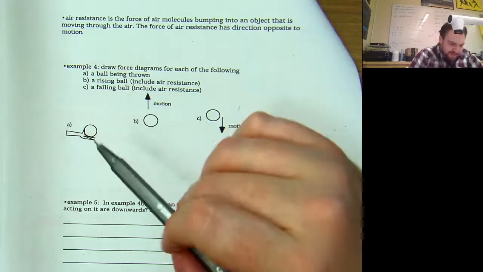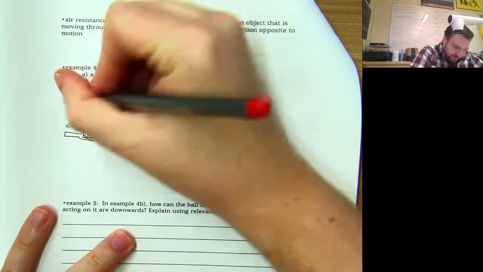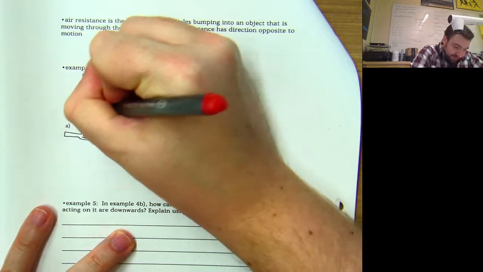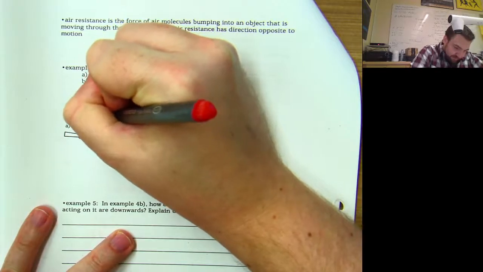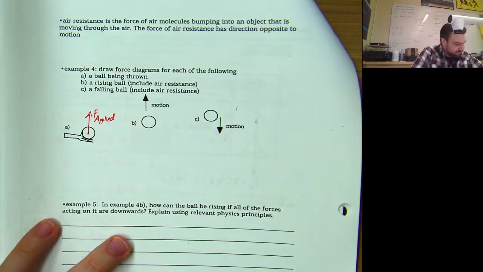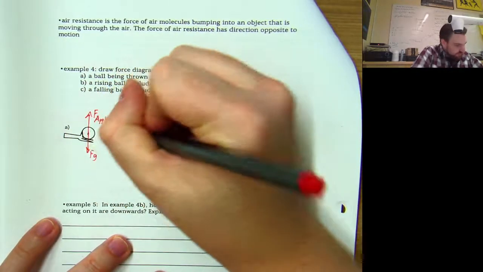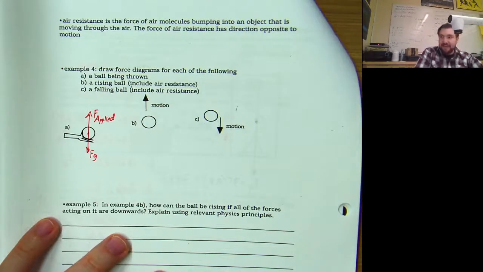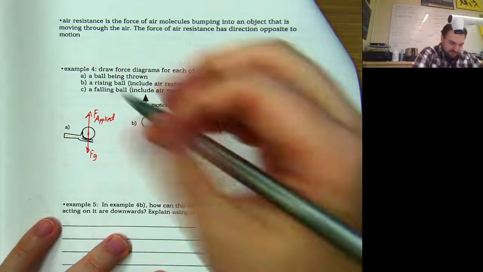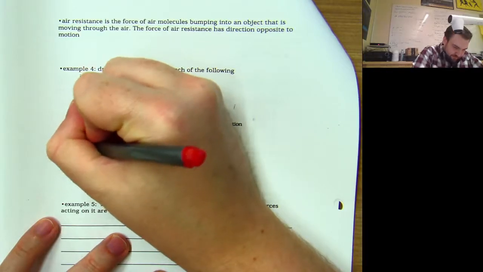So what's happening here? The ball is being thrown, so that tells us there's an applied force upwards. There has to be Fg downwards. And if the hand is moving up, there's also going to be F air down as well.